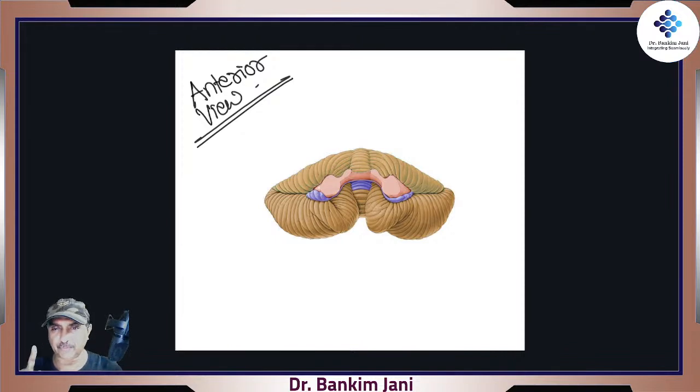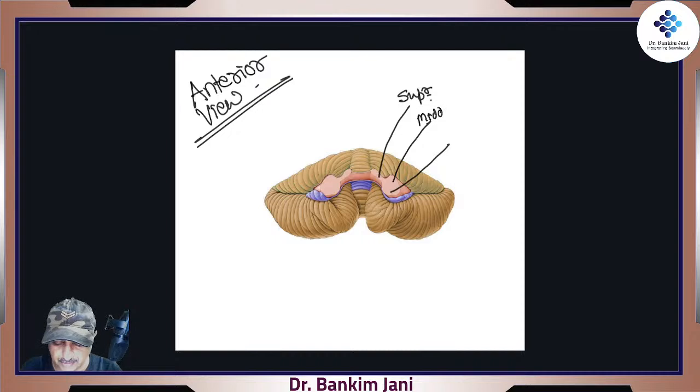So only one point which is to be seen first is this area, and there is this area. They are what? They are cerebellar peduncles, right? So we have superior cerebellar peduncle, we have middle cerebellar peduncle, and we have the inferior cerebellar peduncle.